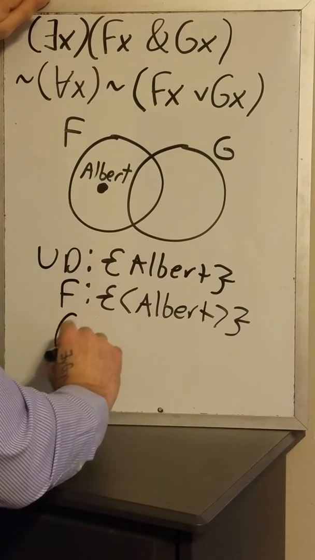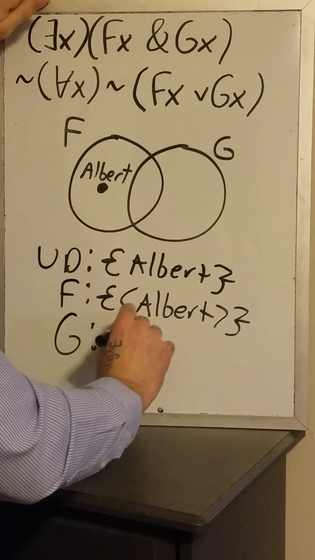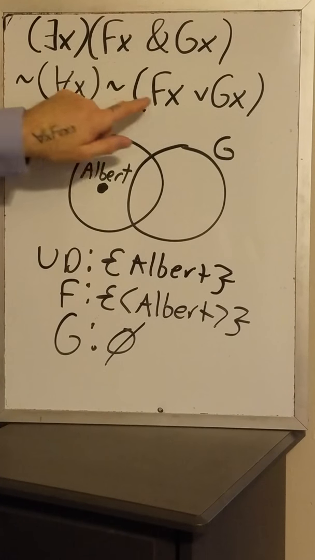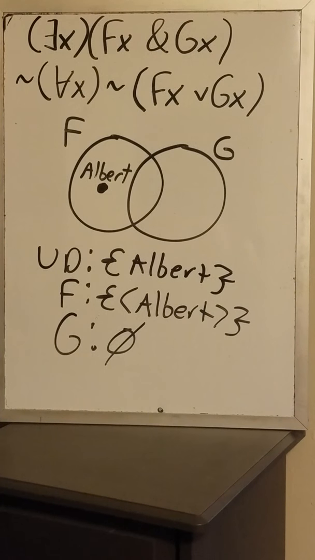And the extension of G is null. So this is false. There's nothing that's in both of these. There's nothing that's F and G. And this is true. Not everything is not F or G. Something is F, right? And if it's F or G. So true, false, not equivalent.